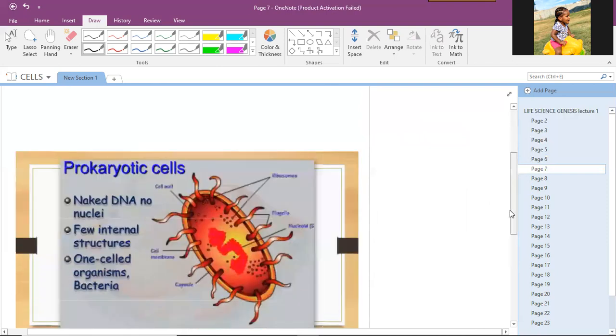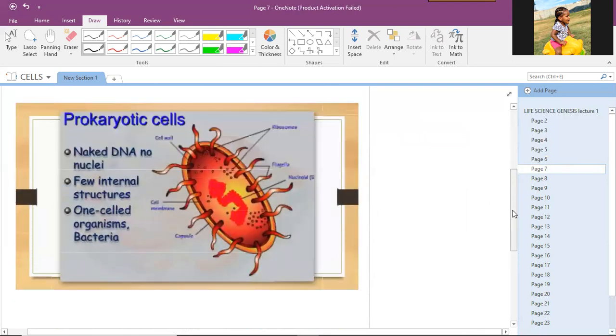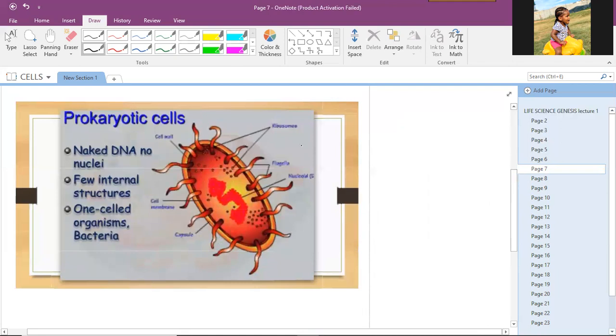So I've already given you a structure of a prokaryotic cell. This is a bacteria cell. You've seen this DNA here. There's no nucleus. The DNA is just floating inside the cytoplasm. Later on, we're going to find out that DNA is actually the molecule of inheritance.